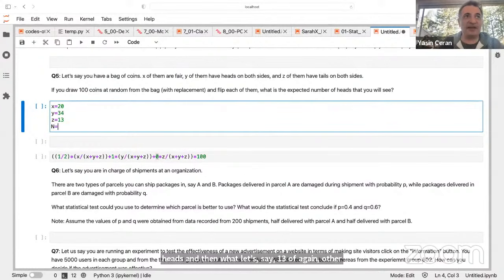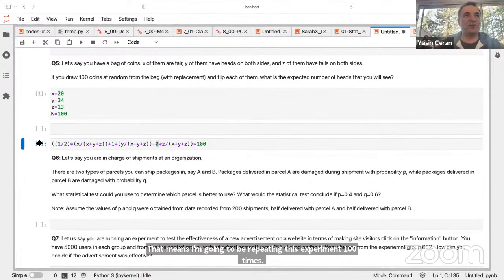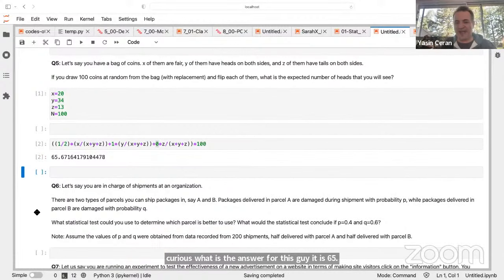And then, as I said, n is 100. That means I'm going to be repeating this experiment 100 times. Let me assign these values to x, y, z. The answer is 65.67. So the expected number of heads, with x, y, z assigned as 20, 34, and 13 respectively, is about 65.